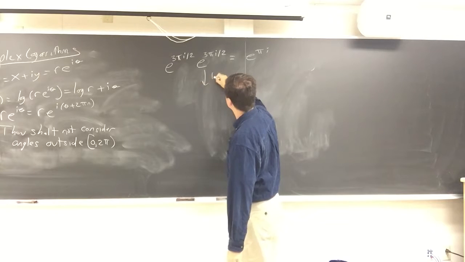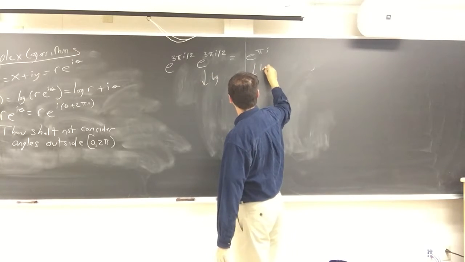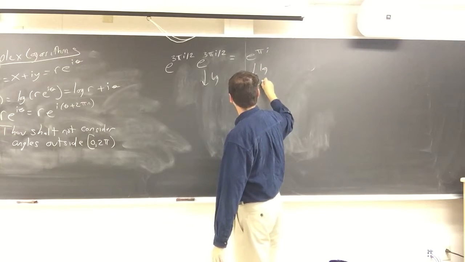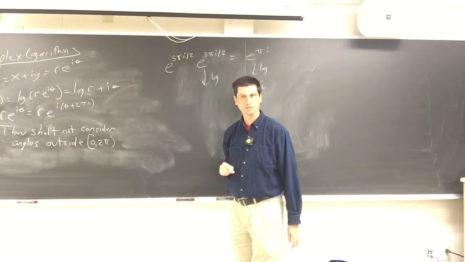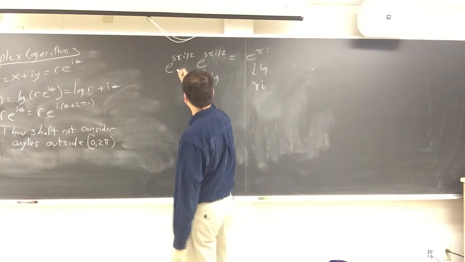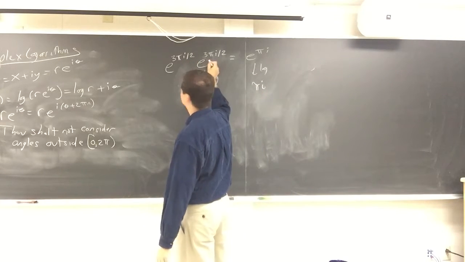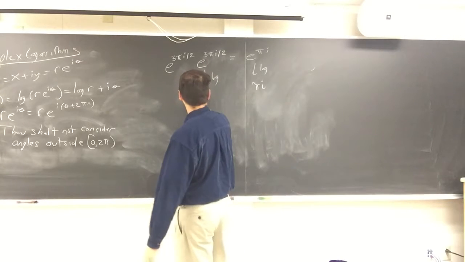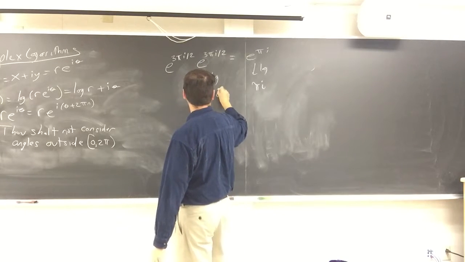And now if we take logs, we would get pi i over here, because the log of 1 is 0. And over here, we would get 3 pi i over 2 plus 3 pi i over 2, which is 3 pi i.